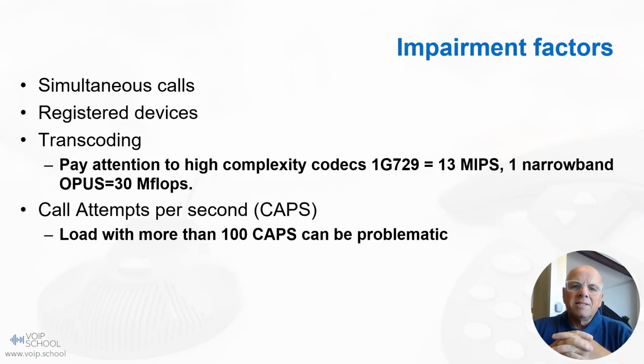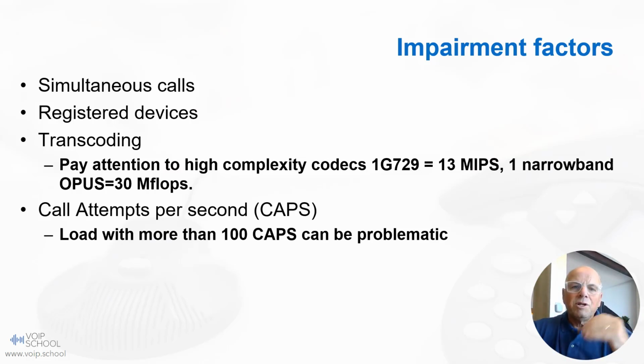In Asterisk PBX systems, there are several factors that can impair performance. Firstly, the number of concurrent calls being handled by the system. Secondly, the number of registered devices connected to the PBX, because the system has to refresh the registrations and, in many cases, ping the users.